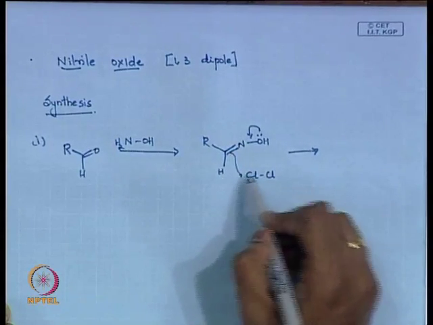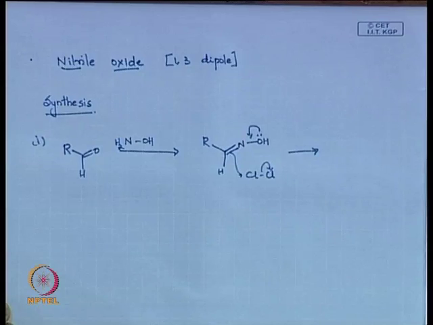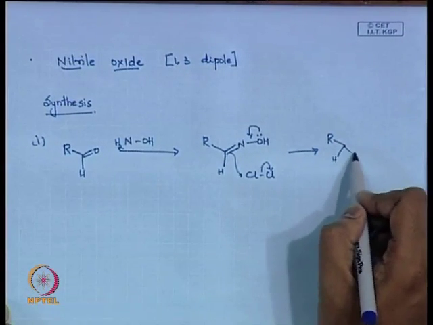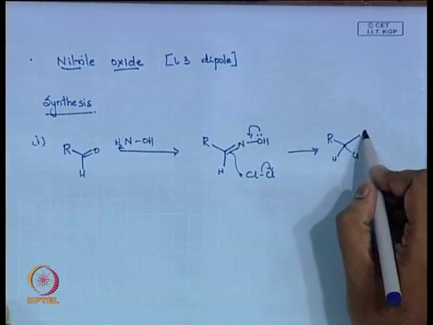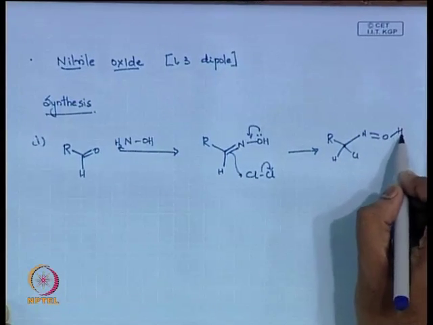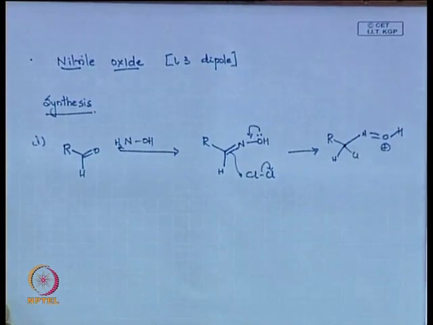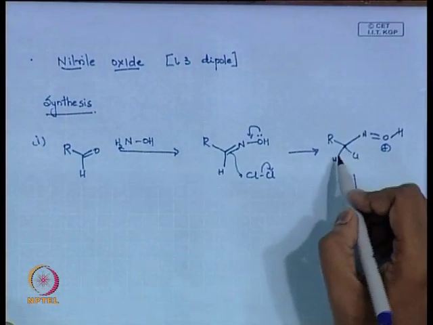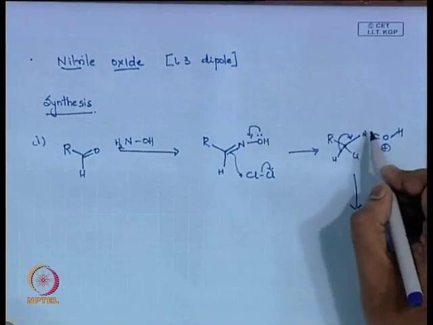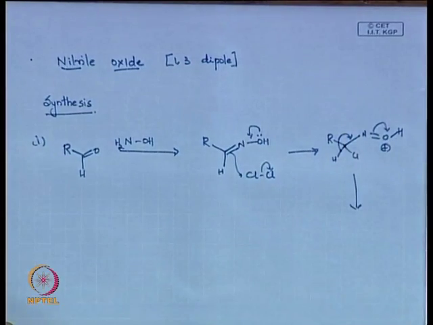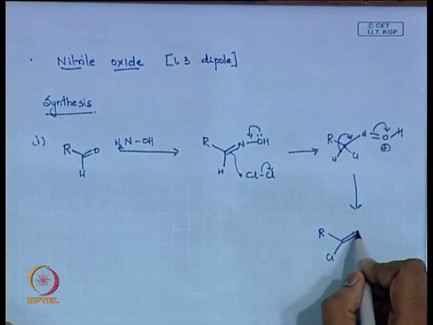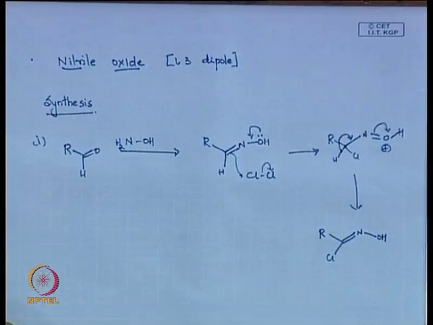So, you can take your chlorine, ending up with R, H, Cl, and this then gives you R-Cl double bond N-OH.